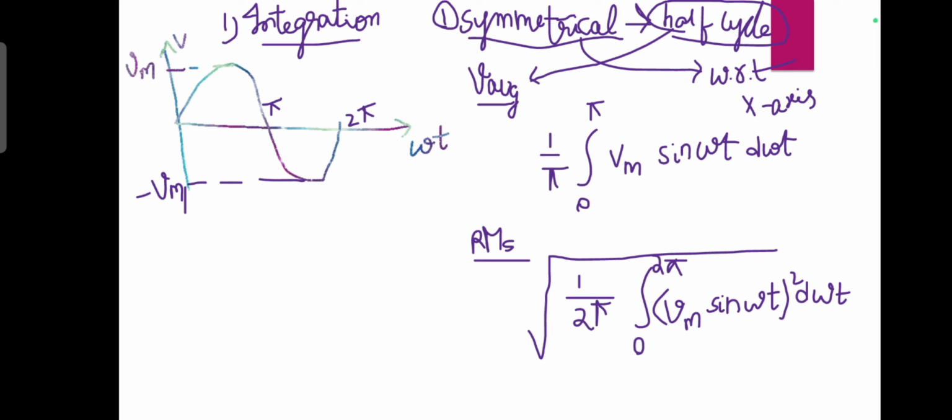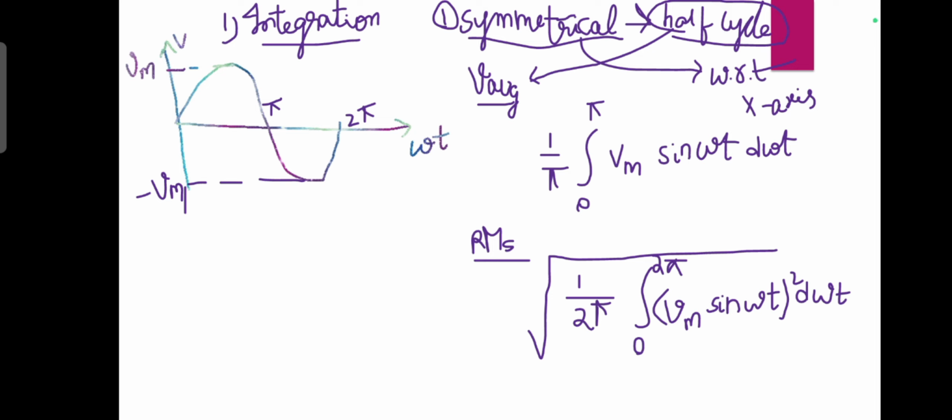As I had already told, the waveform is plotted as the instantaneous value with respect to time. The instantaneous value of a sinusoidal waveform is Vm sin omega t. So 1 by pi integral of 0 to pi Vm sin omega t will give us the average value.